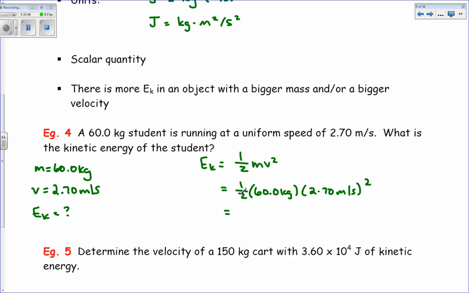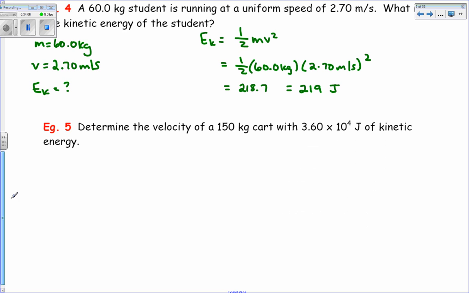Okay. And again, kinetic energy depends on the velocity and the mass. In this case, we get 218.7, or with sig digs, 219 joules of potential energy.